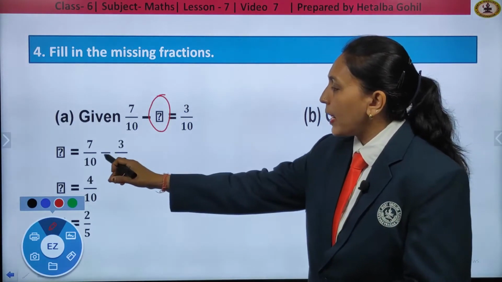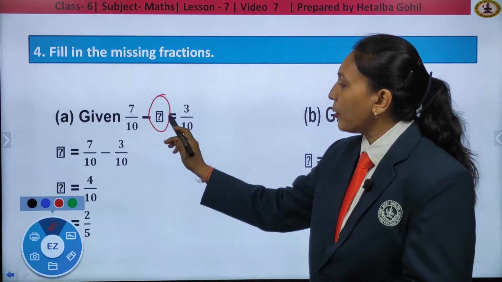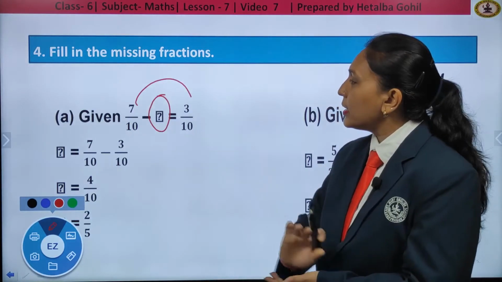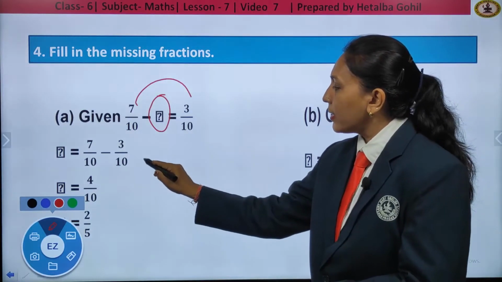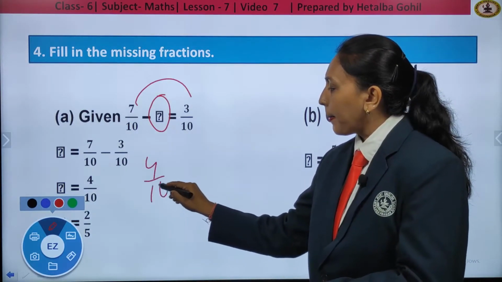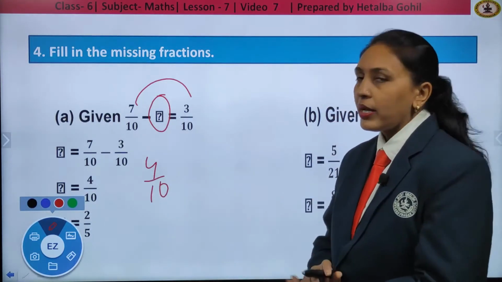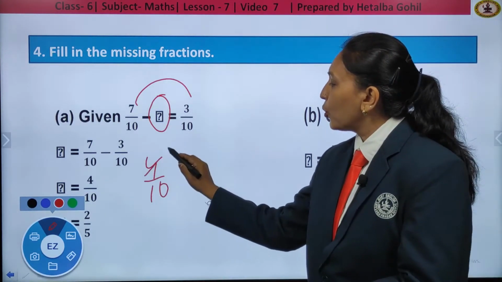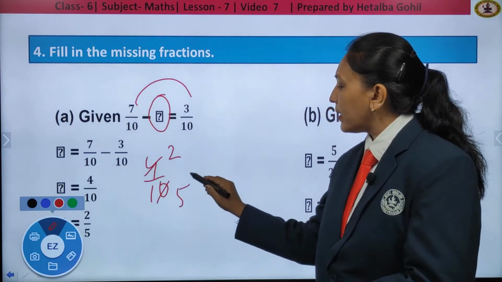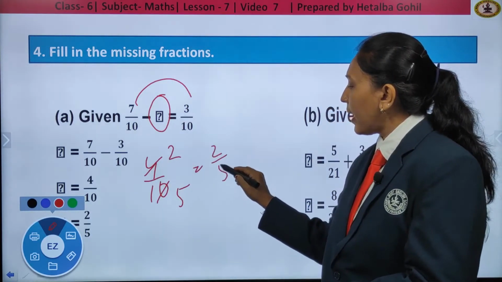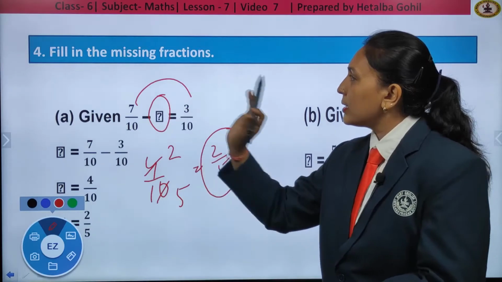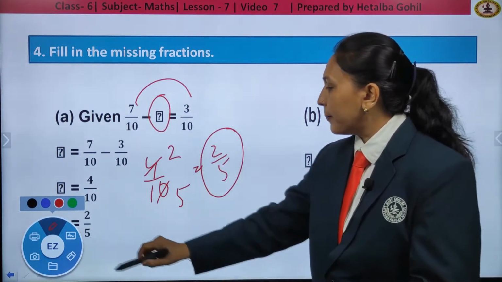Yes, if I subtract 7 minus 3, what you will get? 4 by 10. Okay, and still if you want, you can reduce it with the help of 2, 2 2s and 2 5s. So simply what you get your answer as 2 by 5 is the missing fraction over here.